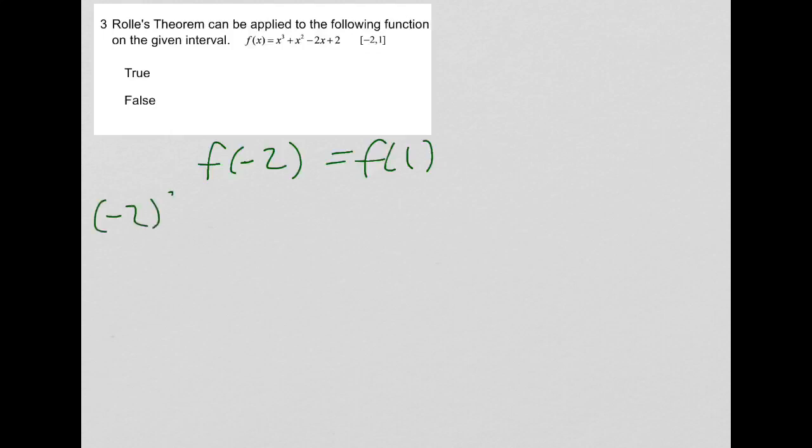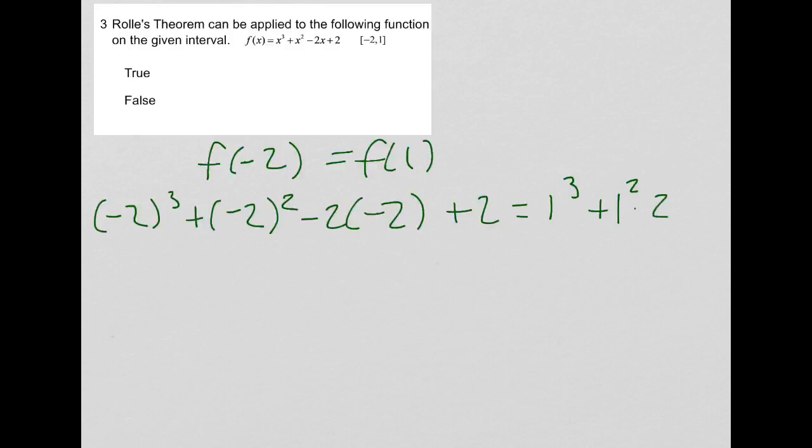So if I do negative 2 cubed plus negative 2 squared minus 2 times negative 2 plus 2, does it equal 1 cubed plus 1 squared minus 2 times 1 plus 2? And so I got 2 and 2. So since they are equal, it's continuous and it's differentiable. This is a true statement. Rolle's theorem could be applied to this problem.